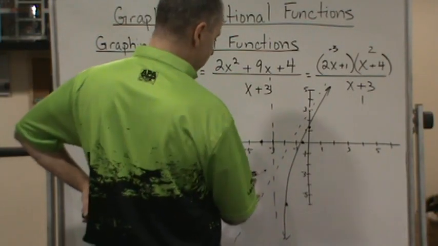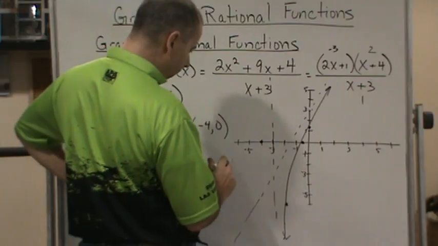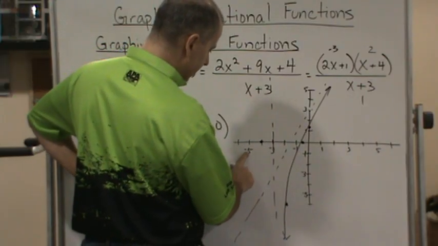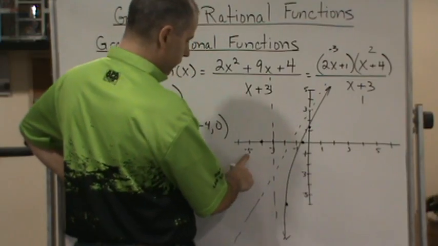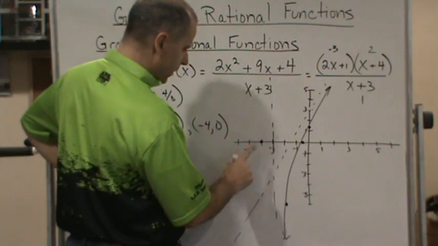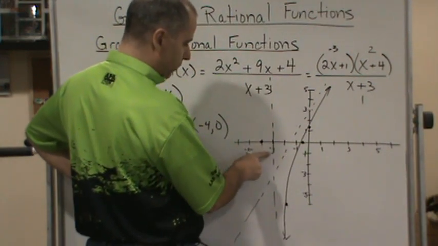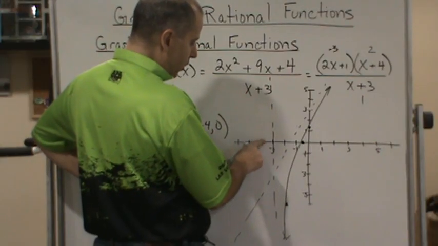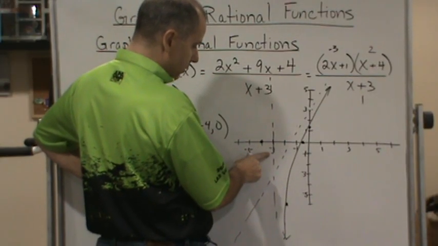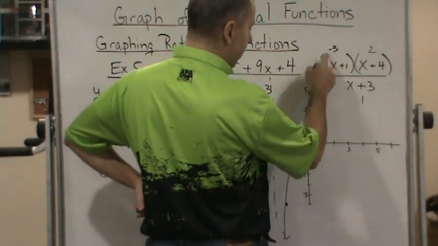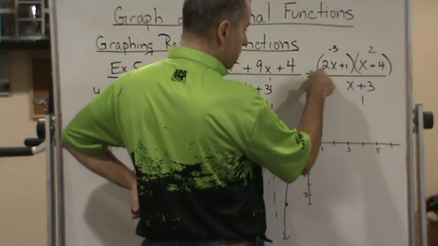Now, what about on this side? Well, we kind of already talked about it, but let's look at this when we go towards negative 3 from the left. We didn't talk about the left. As I get closer to negative 3 from the left, what's going on here? Again, if I put in negative 3 here, no issue.